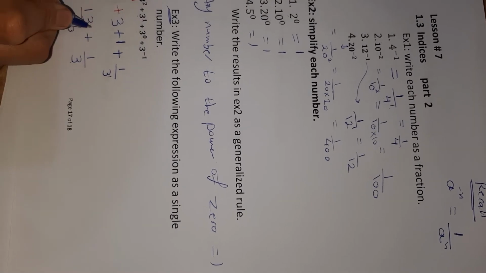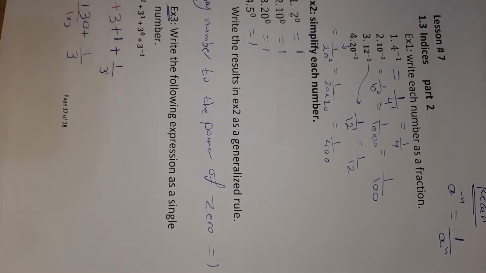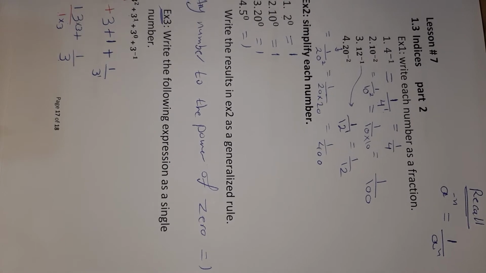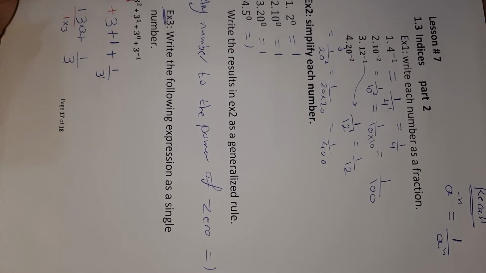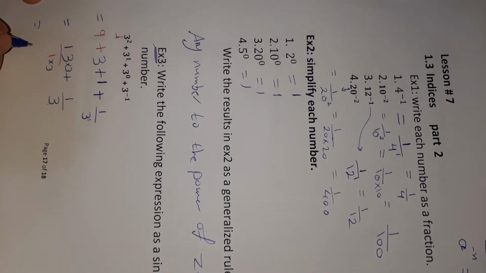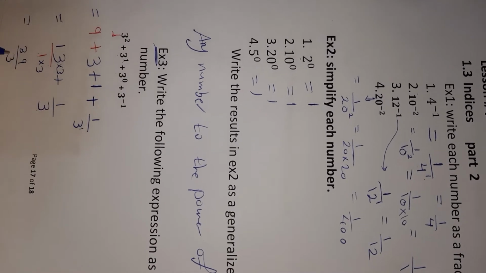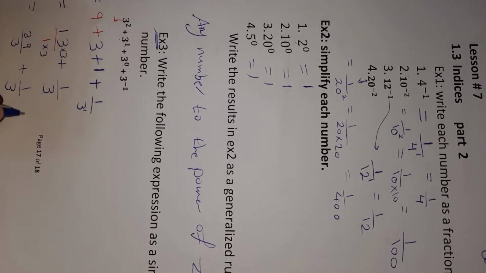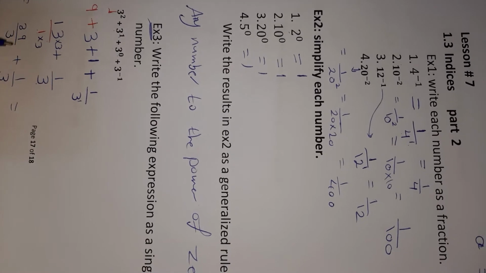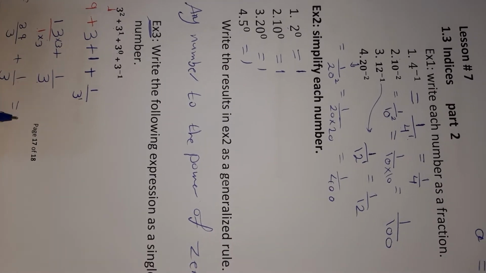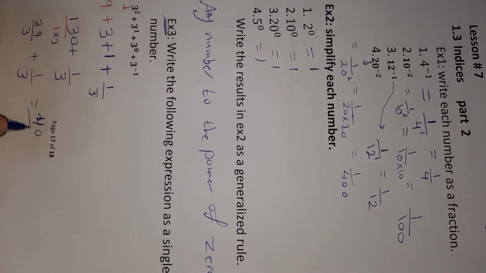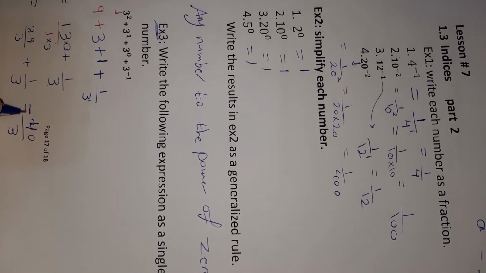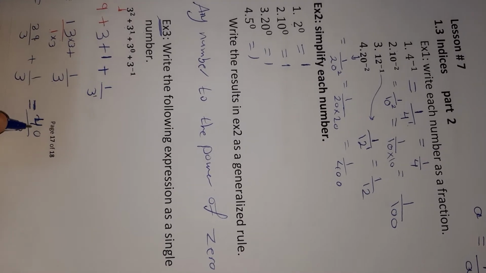We can't add with different denominators. So 13 times 3 is 39 out of 3 plus 1 out of 3. Just add the numerators, 39 plus 1, which is 40 out of 3.